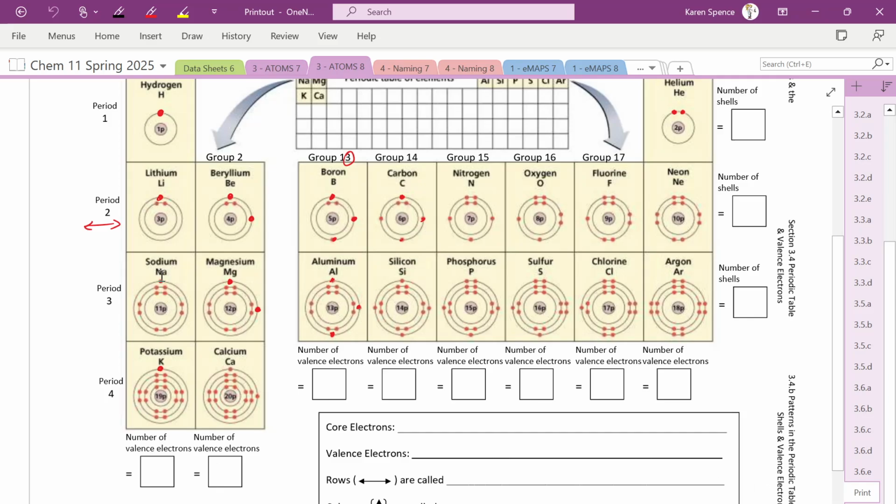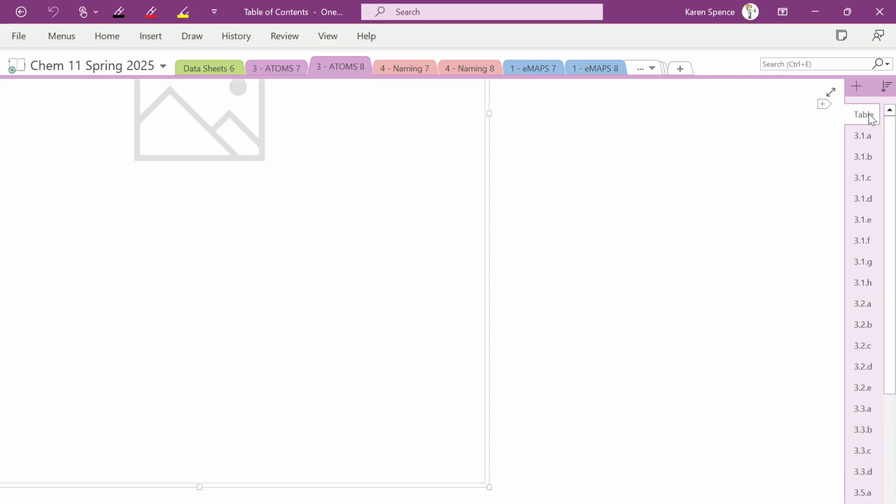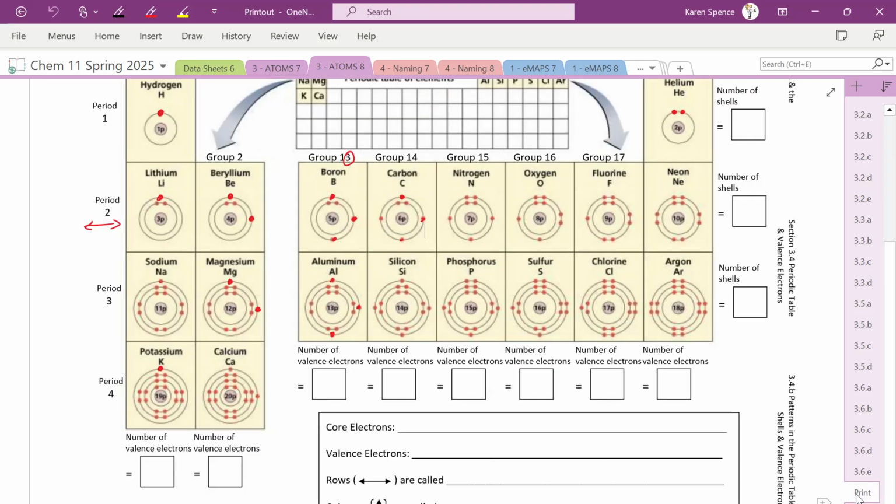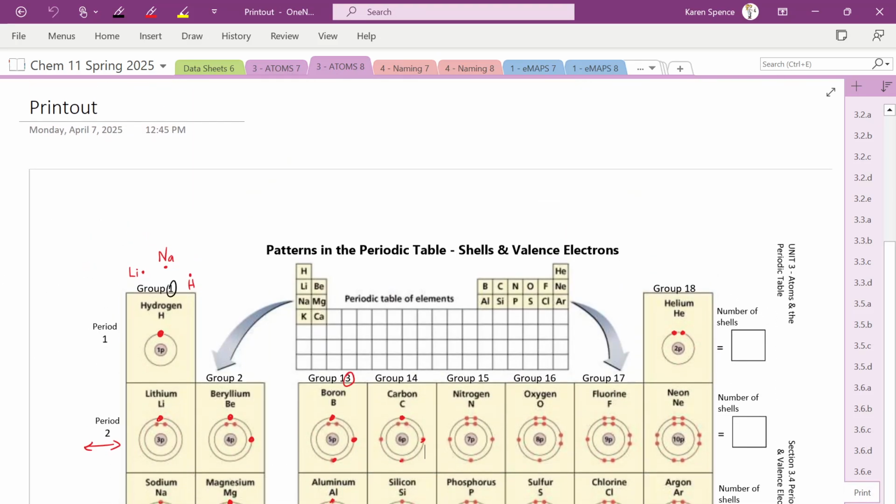What page is 3.4b on? 3.4b is on page 69. Okay, so this is going to deal with it. Page 69.